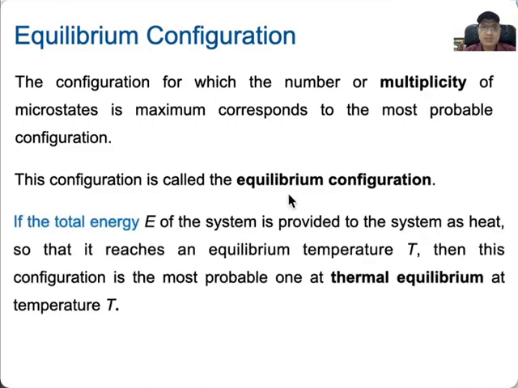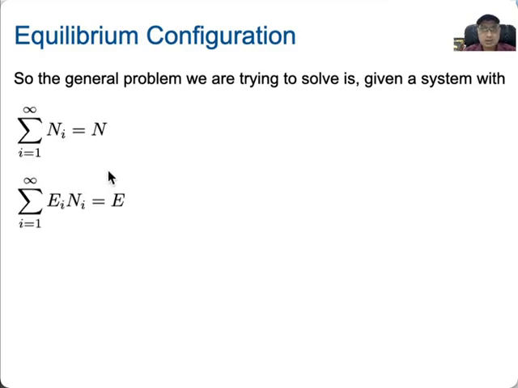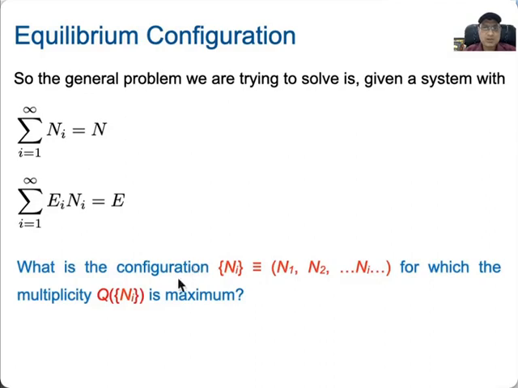What it means is that if the total energy E of the system is provided to the system as heat such that it reaches an equilibrium temperature T, then this configuration is the most probable one at thermal equilibrium at temperature T. Okay, so the general problem we are trying to solve is: for a given system where the total number of particles and total energy are fixed, what are the configurations for which the multiplicity is maximum? And this is the general problem that we are trying to solve.